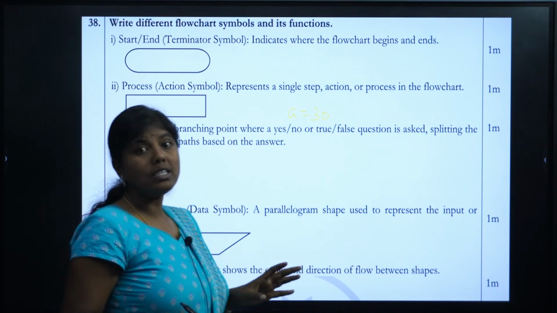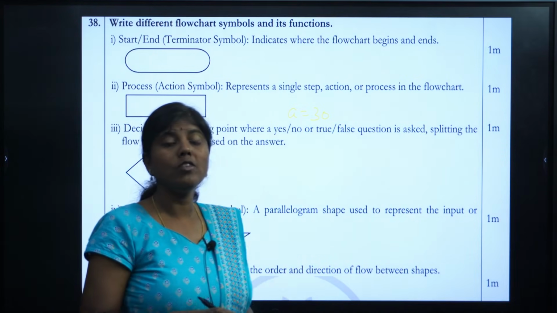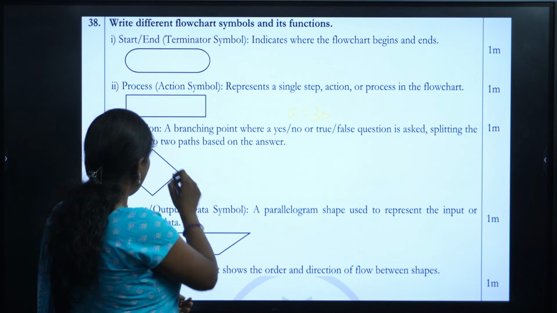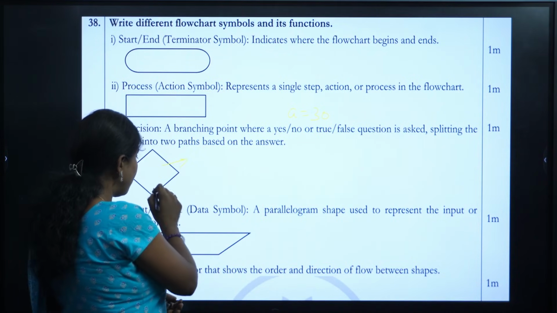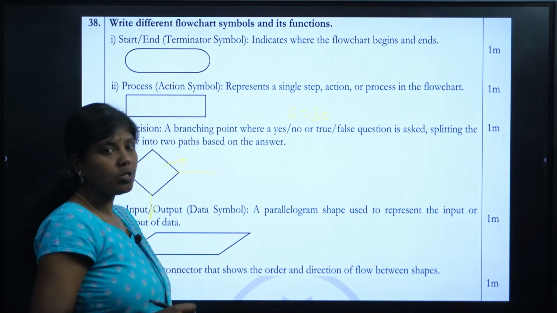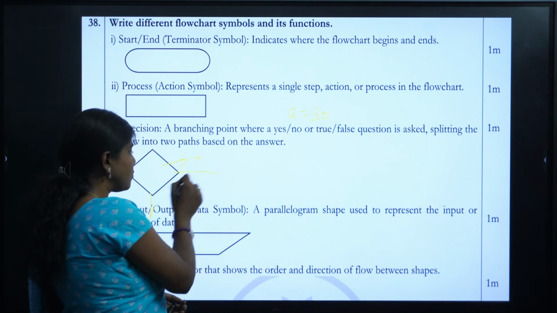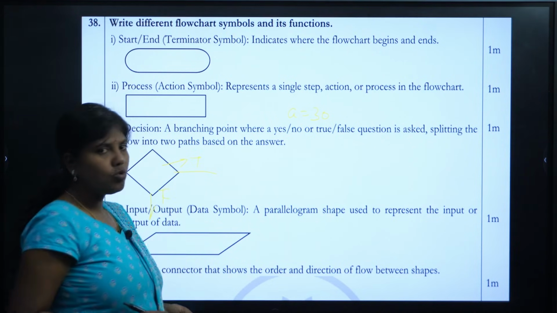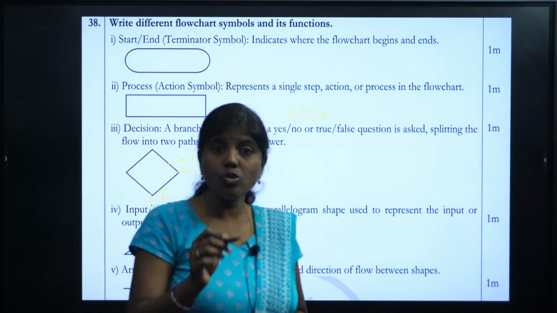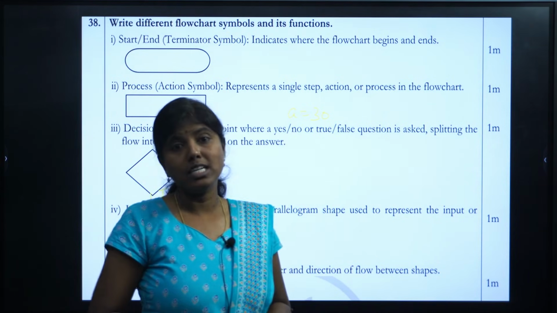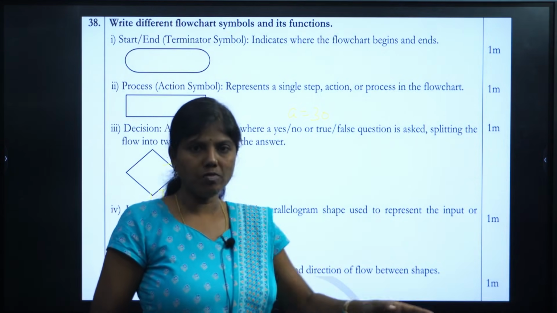We represent decision making with the rhombus. Remember, whenever we do decision making, it is either true or false. T for true and F for false. Remember that you need to write the T and the F. If it's true, this statement will be executed.